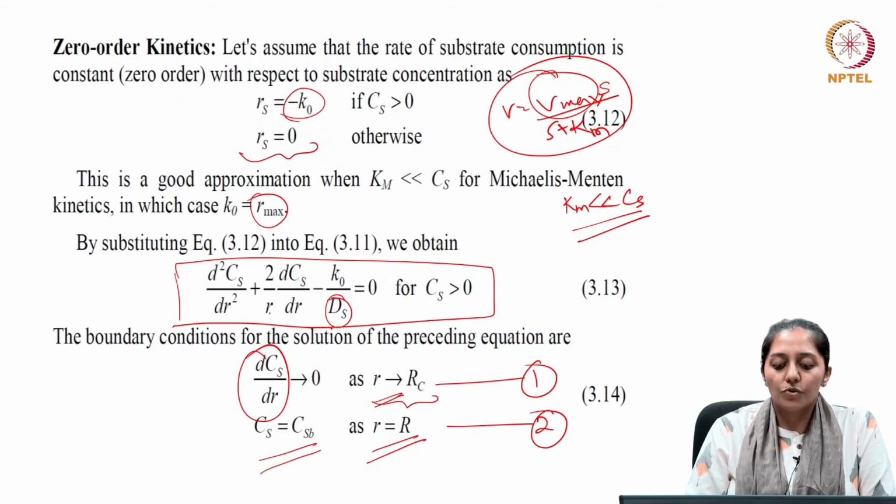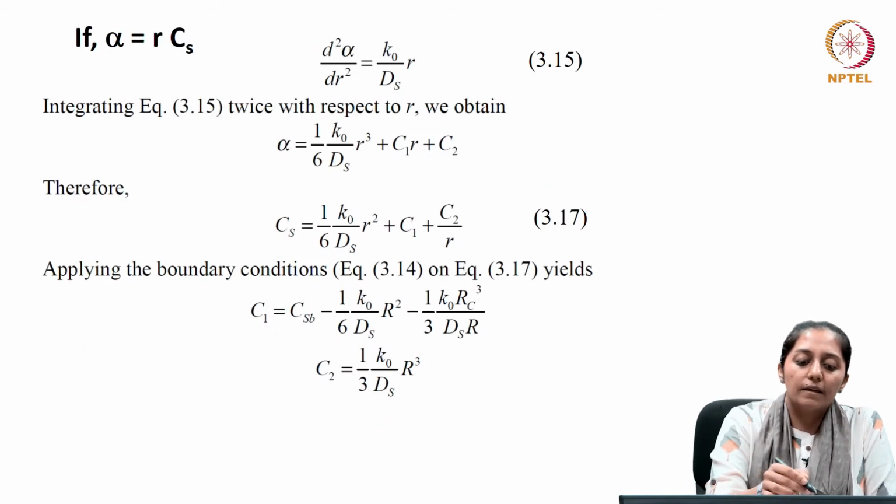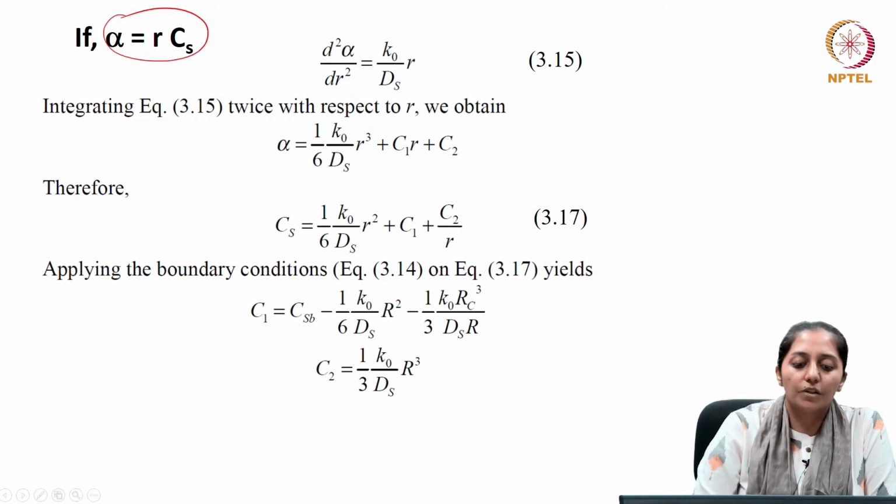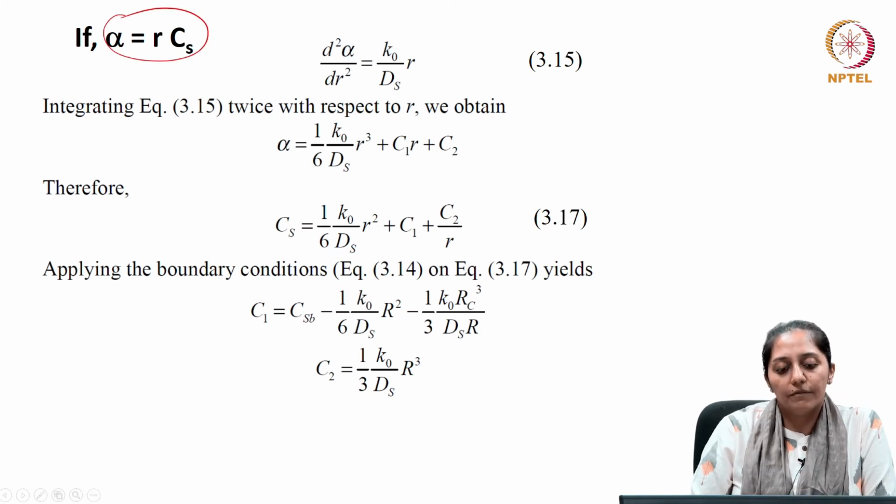Now, in order to solve this differential equation given as 3.13 with the boundary conditions which we have numbered as 1 and 2, you do a mathematical substitution of a quantity alpha, which is a product of R and Cs, and further use it.